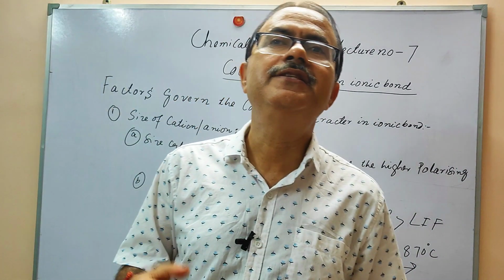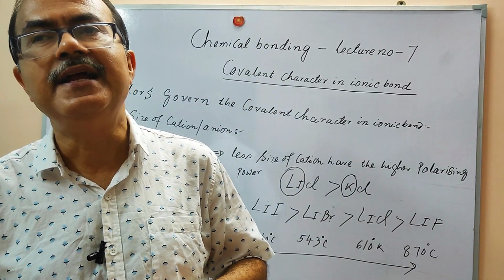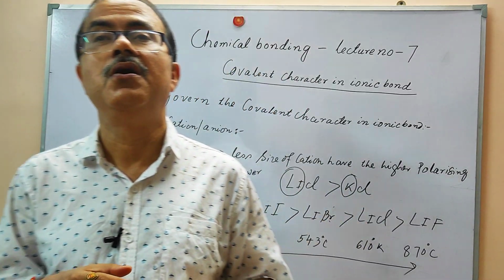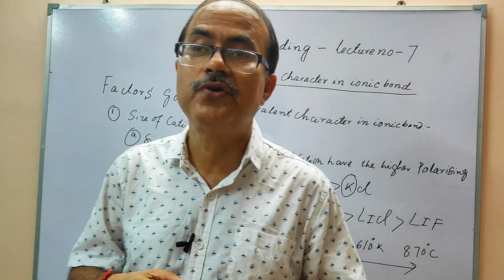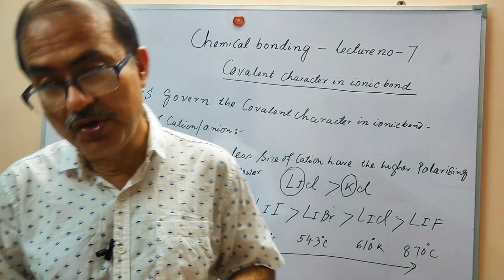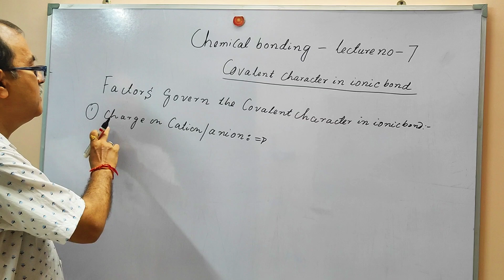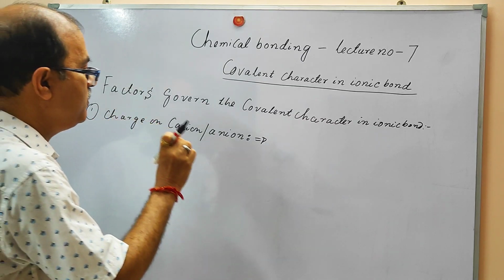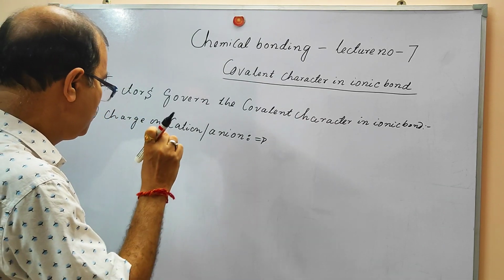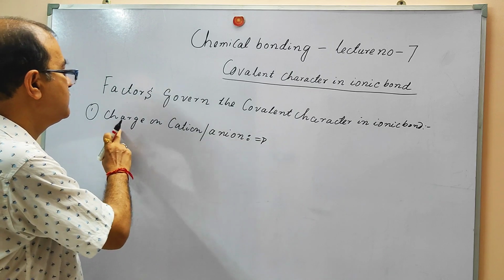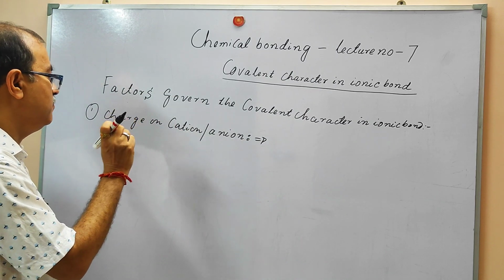Okay, now there is another very important factor, that is the charge of the cations or anions, which is also going to influence the covalent character. The next factor that is going to influence the covalent character in an ionic bond is the charge on the cation and anions.